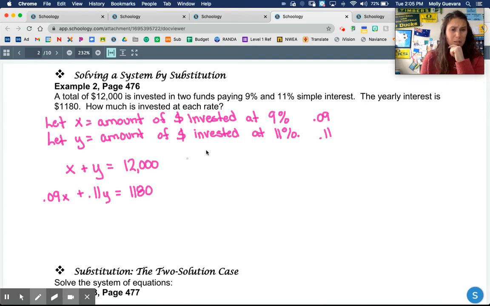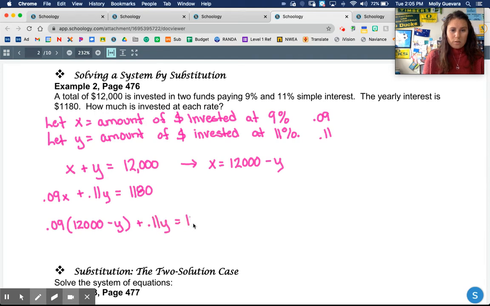So let's just solve this top one for x, so x is equal to 12,000 minus y. I'm going to take that and I'm going to plug it in. So 0.09 times x, but x is 12,000 minus y, plus 0.11y equals 1180.